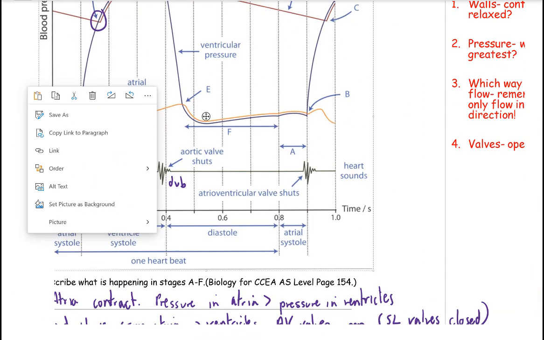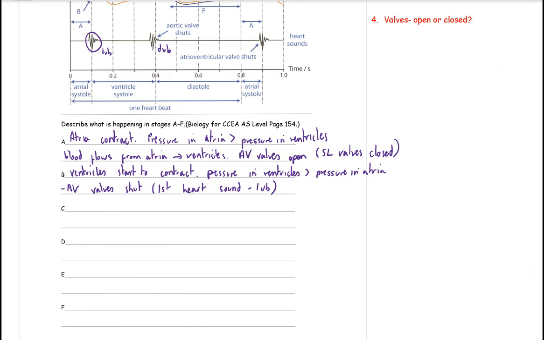So at C, the ventricles continue to contract. But this time, ventricular pressure is greater than arterial pressure.